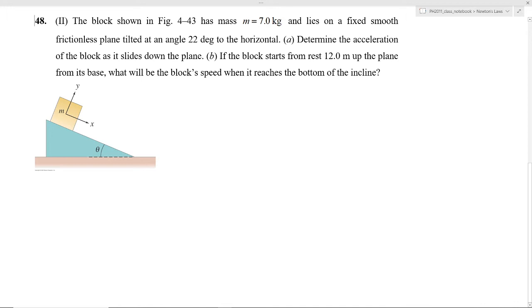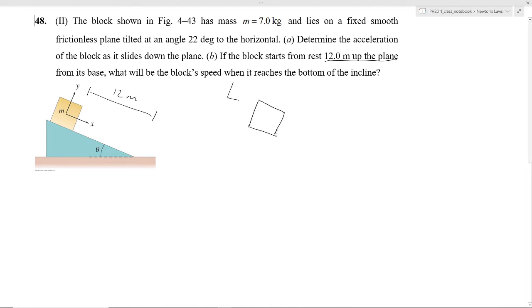Okay, so we're going to re-put in our components just to practice with that. But let's add a little bit of information here. It says that the block starts from rest 12 meters up the plane. So this indicates that this is 12 meters. Let's do a free body diagram.